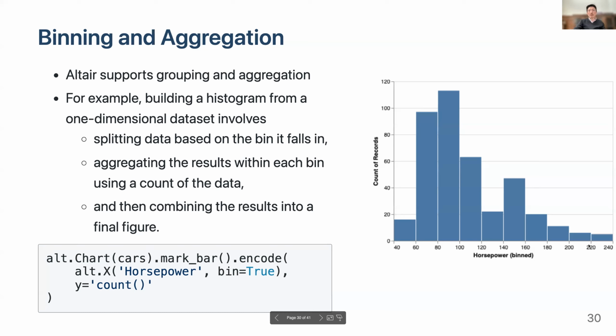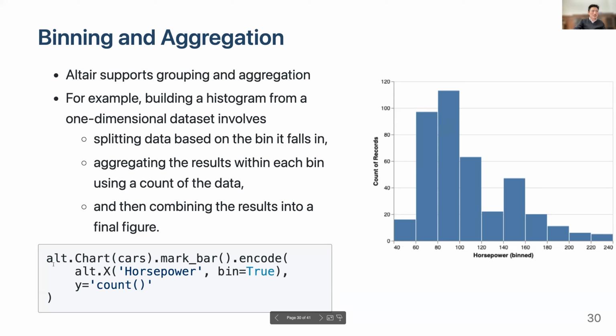You have a value range for one of the attributes, and it will count the number of data rows, data items, within each specific data range, which is called the bin, and shown here. So for this, the horsepower is between 40 and 240, and in the range 40 to 60, it has, let's say, 18 cars. So that's this bar.